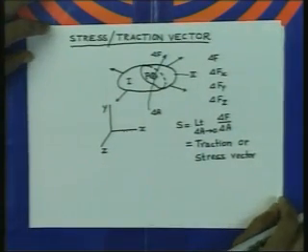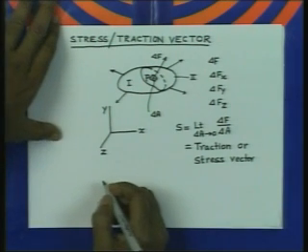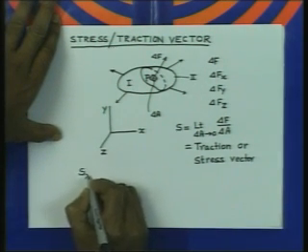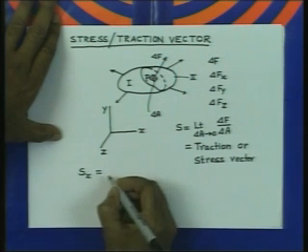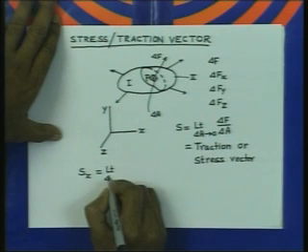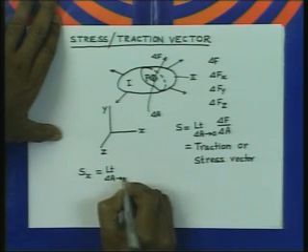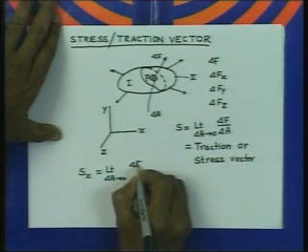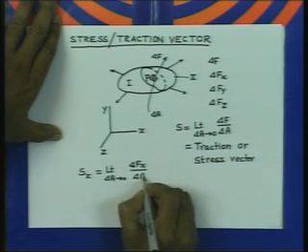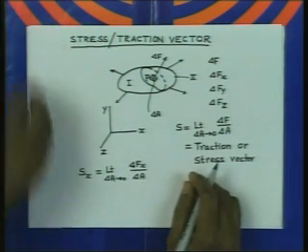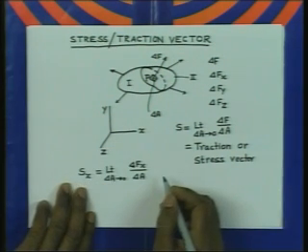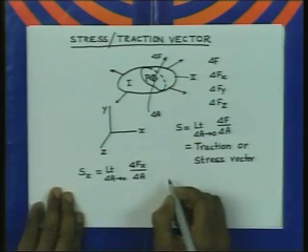Now, we can also define limits like the following. Sx is given by the limit as delta A tending to 0 of delta Fx by delta A, that is the component of the traction in the x direction.